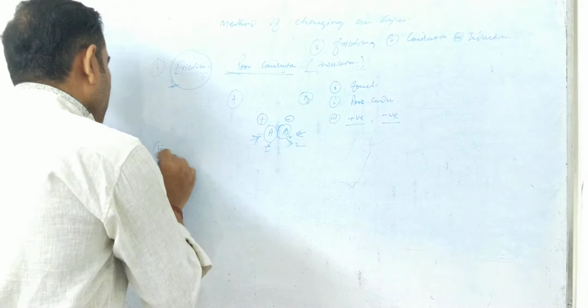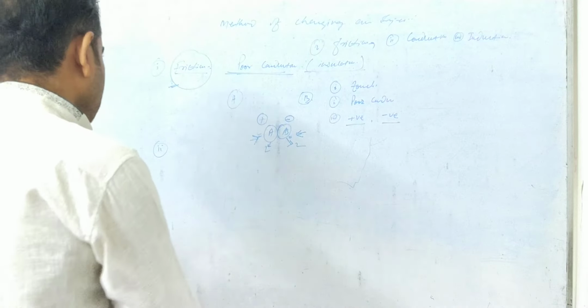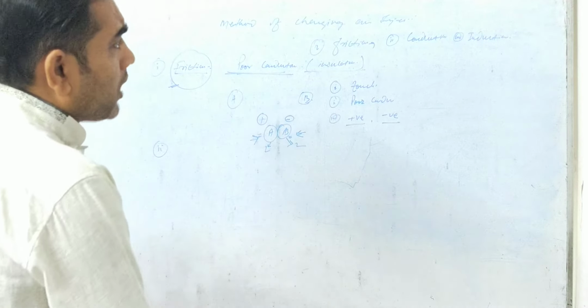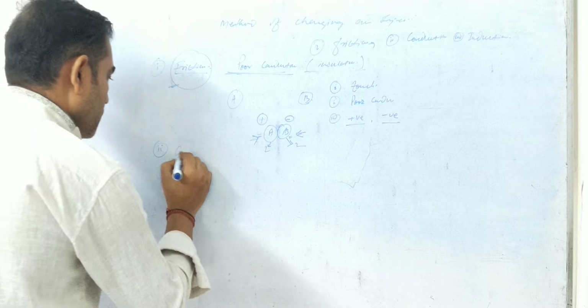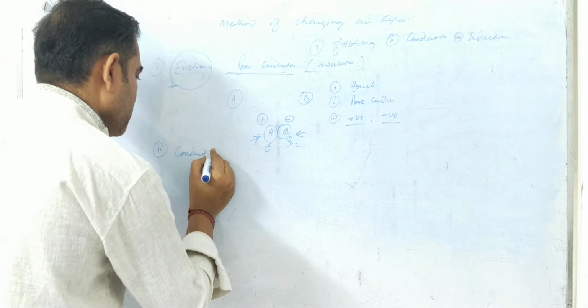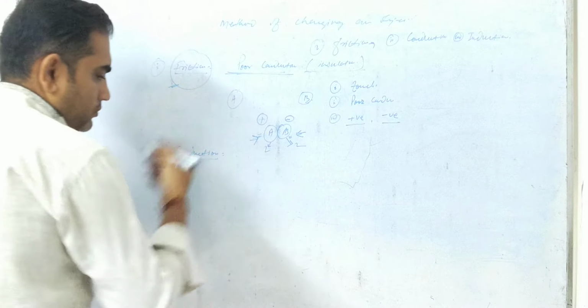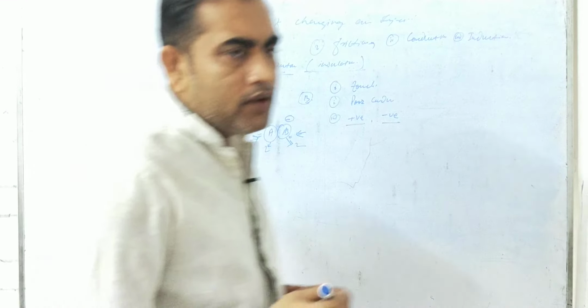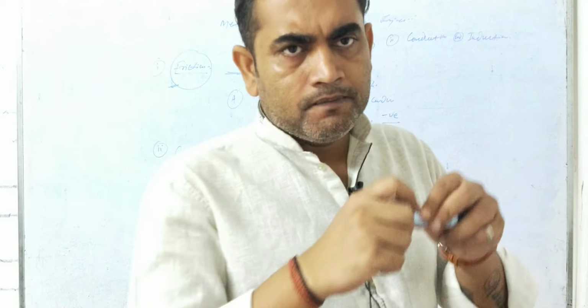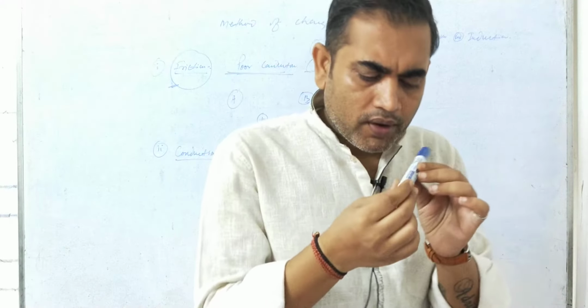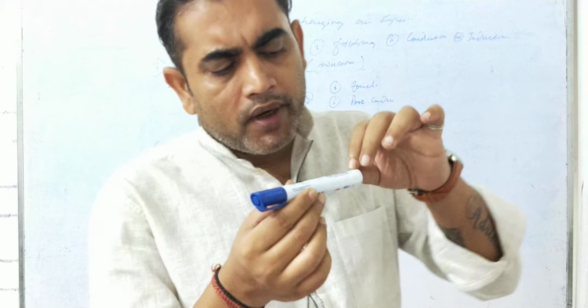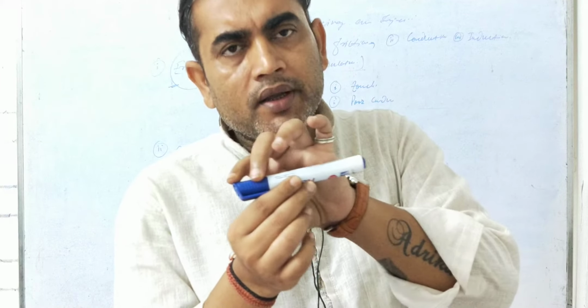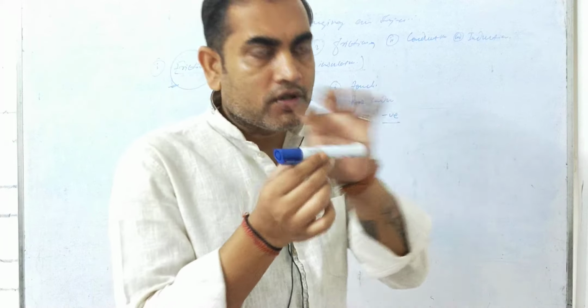The other method we have to charge an object is conduction. Conduction means that whenever two objects are kept in contact, and there is movement of something from particle to particle, that is called conduction.